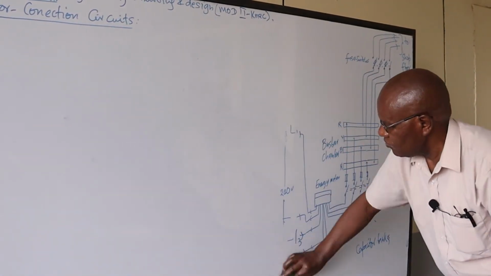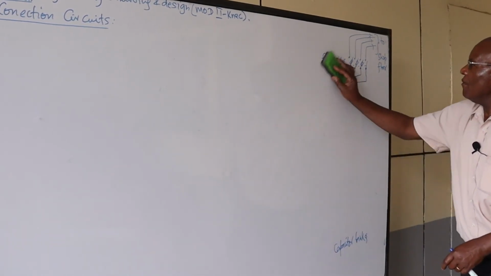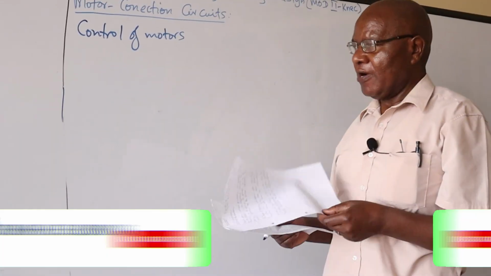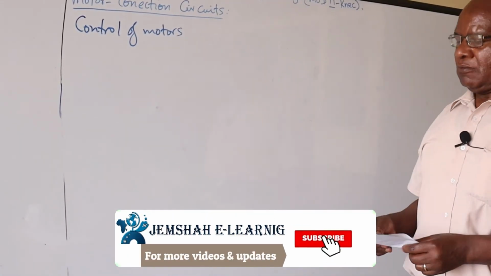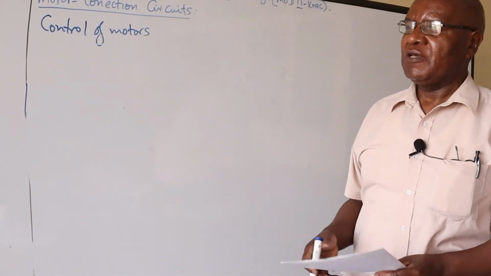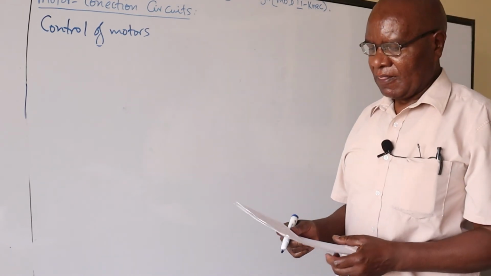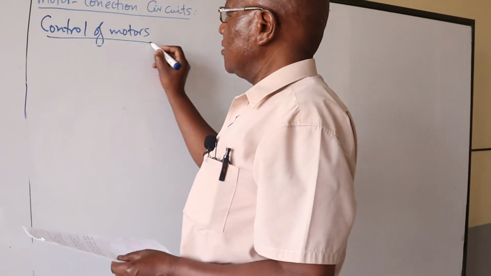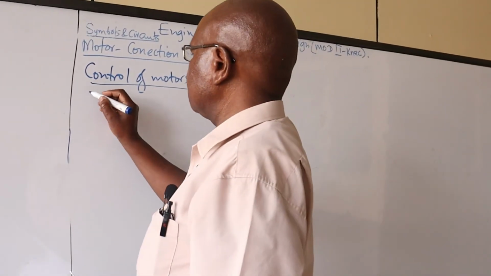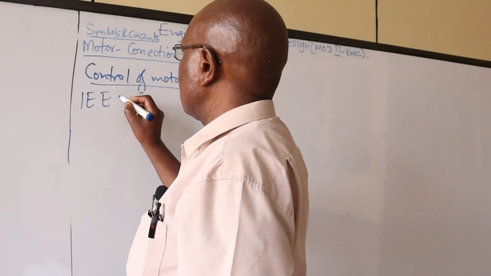Now, let's look at how we go about in our motor connections. Send our power to the workshops. So, in our motor connection circuits, we'll be dealing with how we control the motors. So, in this subtopic here, apart from the overload connections, now here we shall be dealing with IEE regulations.